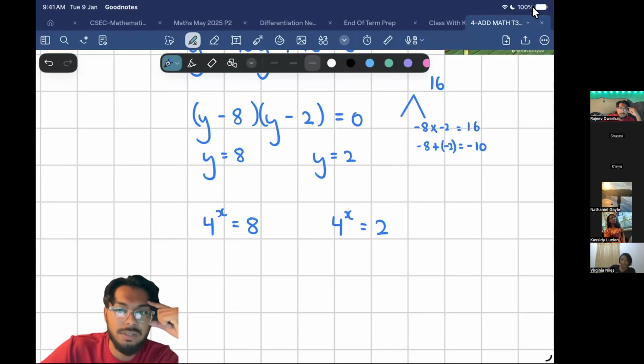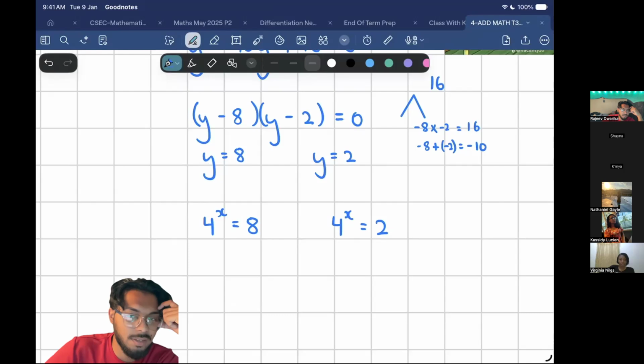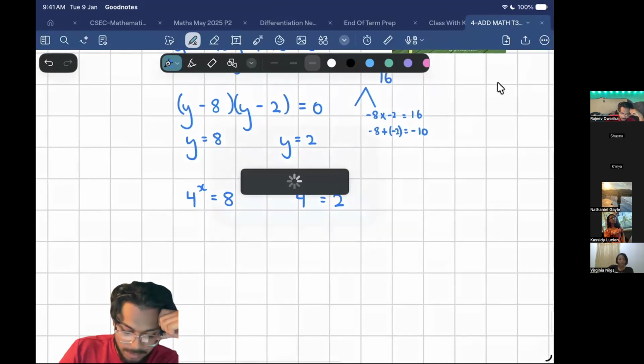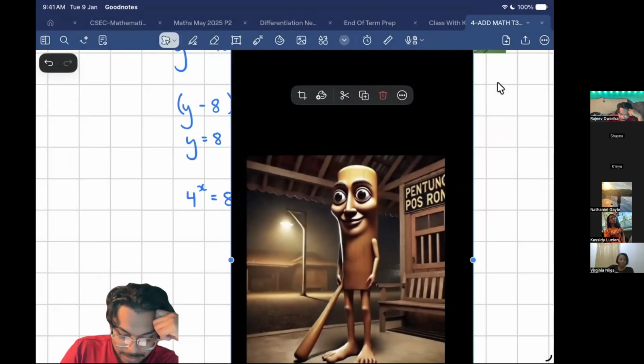To use which rule? I don't know. I was just gonna put it in log form and find x. You could convert it to log form and get the answer really easily. But we're gonna introduce logs.